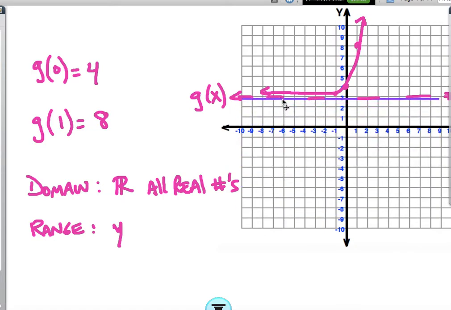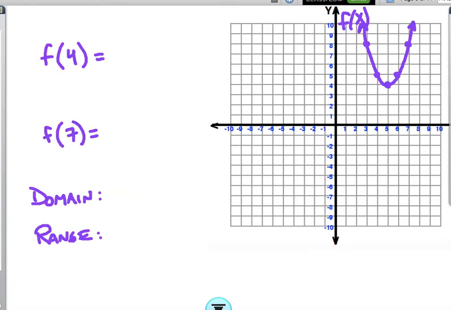This is the asymptote, and the pink graph cannot actually touch this, but then it's everything above that. So this asymptote is at 3. It cannot equal 3, but it's going to be everything above 3 or greater than 3. So our y values have to be greater than 3. They cannot equal 3 because that's where the asymptote is, and we never touch an asymptote.